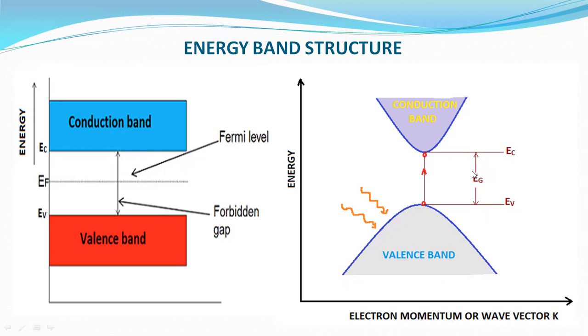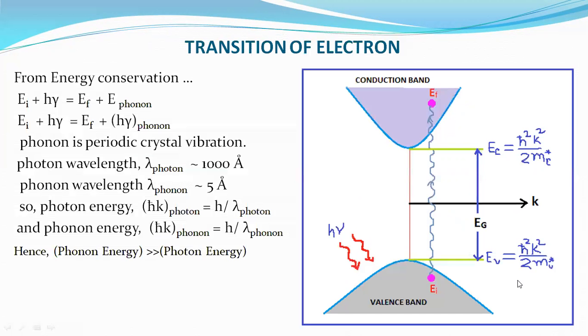This is the actual structure of the energy band diagram, or more precisely the E-K diagram, as this is energy E versus wave vector or wave number K, or even electron momentum. As I said, electron momentum and wave number have similar dimension.